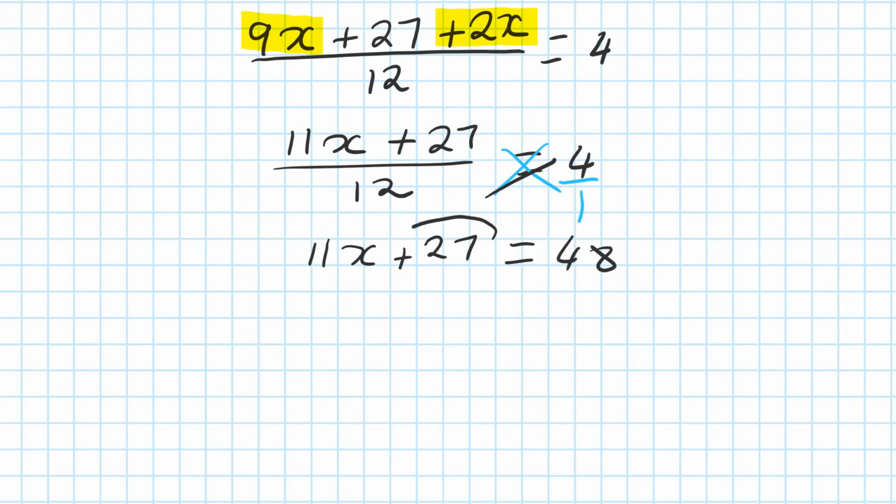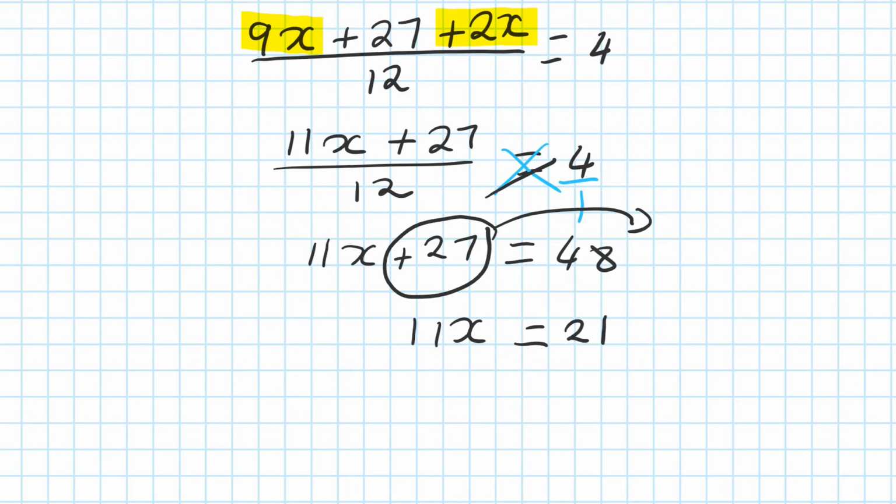Then I move the 27 to this side, so it becomes minus. So 11x is equal to 48 minus 27, which is 21.